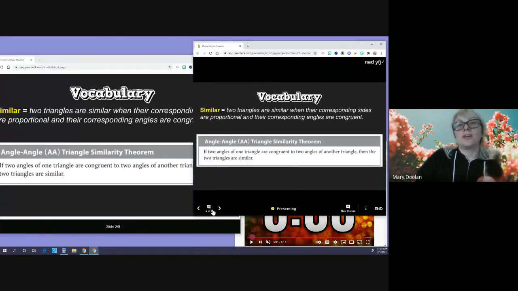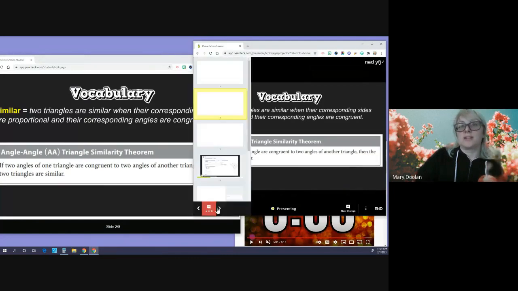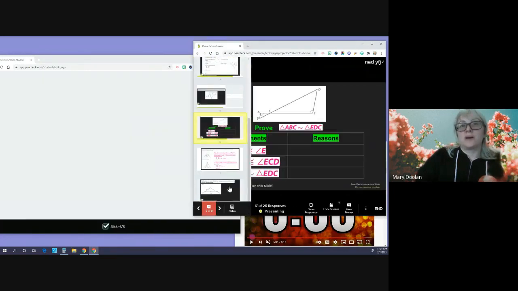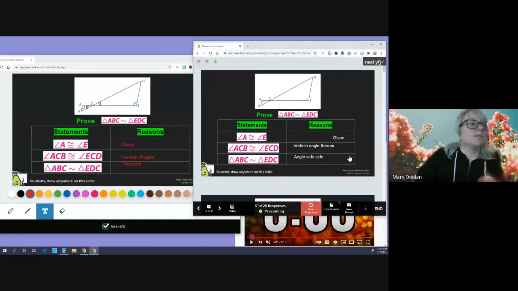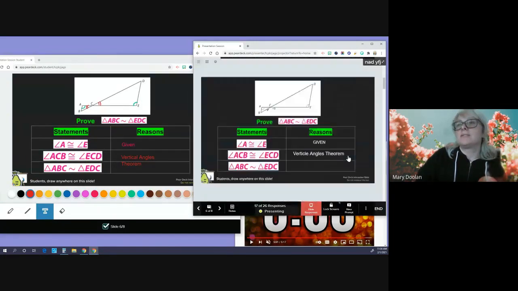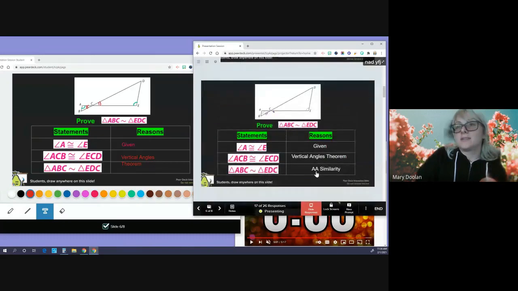You're looking at it right now. It doesn't matter what screen you're on, the presentation screen or the Meet screen, right there. It's the theorem that we're learning about today. And so the last thing you're going to type in is angle similarity theorem.